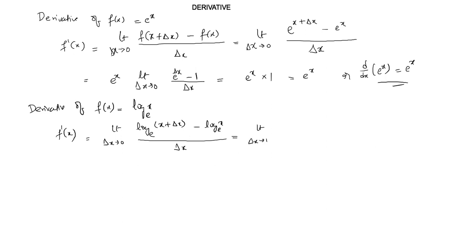Now this would be equal to the limit as delta x tends to 0 of log of x plus delta x by x, divided by delta x.